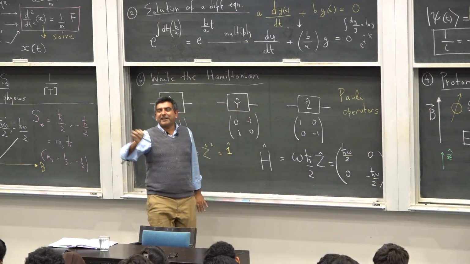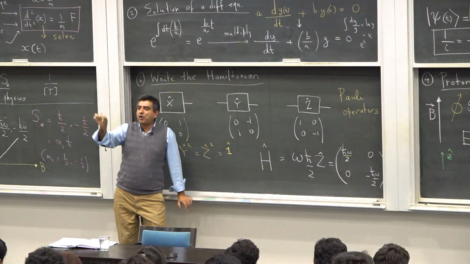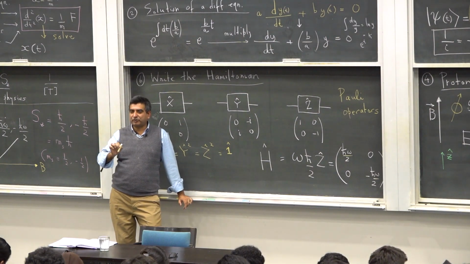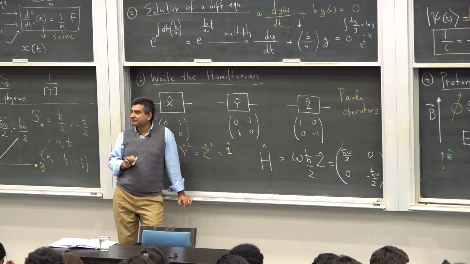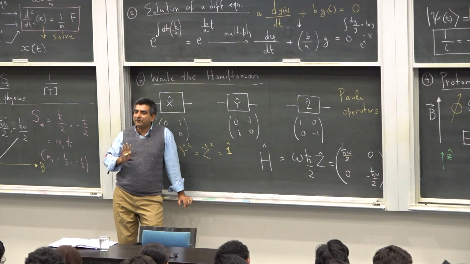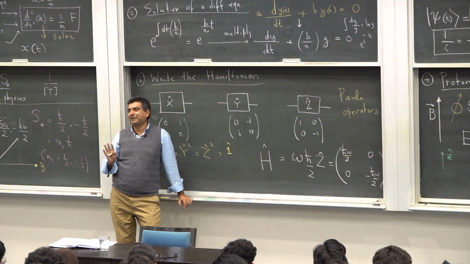So this is the Hamiltonian for a proton inside a magnetic field pointing along the z direction. Got it? Very simple.